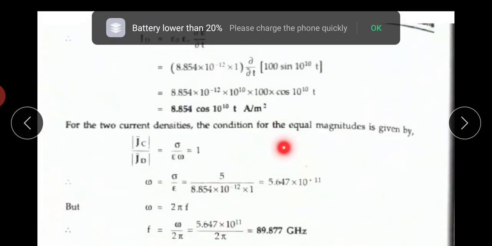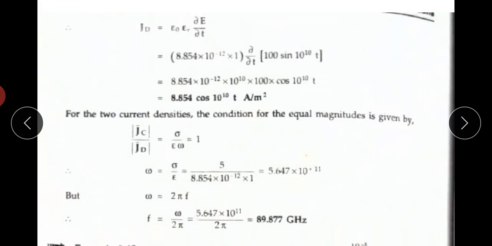Next, dou by dou t of E bar, where E bar equals 100 sin 10 to the power of 10 t. Differentiating, we get 8.854 into 10 to the power of minus 12 into 10 to the power of 10 into 100, differentiation of sin gives cos 10 to the power of 10 t. So Jd equals 8.854 cos 10 to the power of 10 t amperes per meter square.